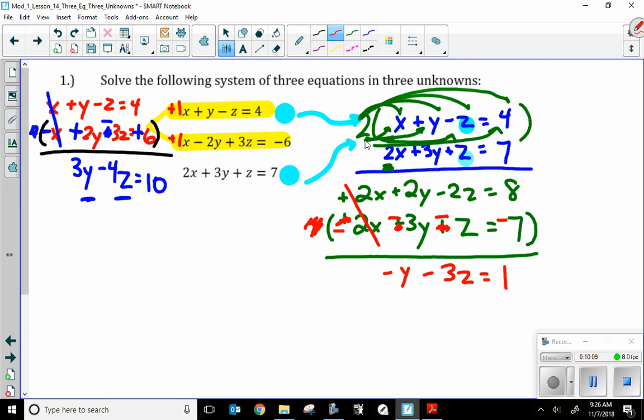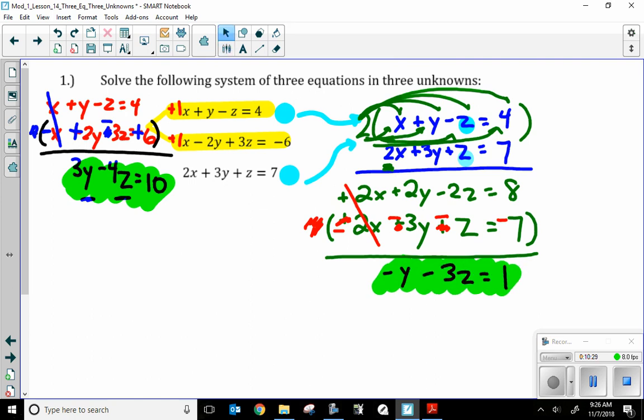I now have two equations, and both equations have a y and a z in them. So now it's just the same point as before. I've got two equations with two variables.